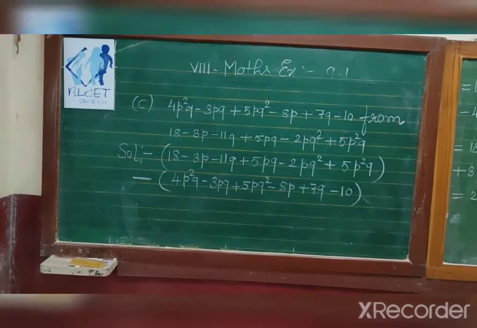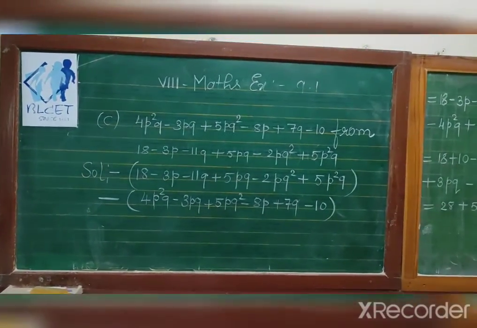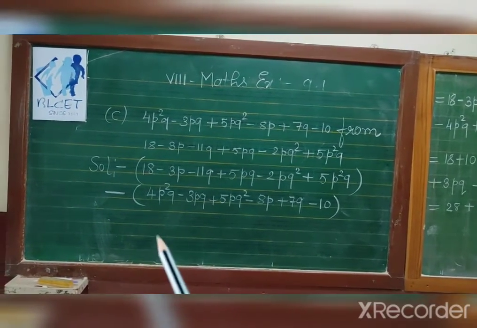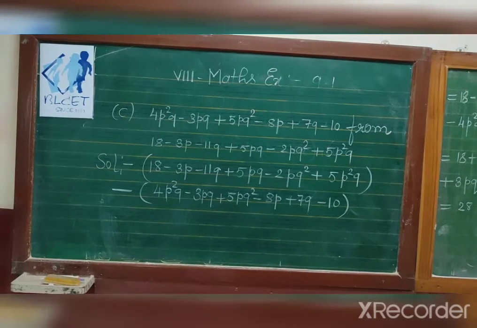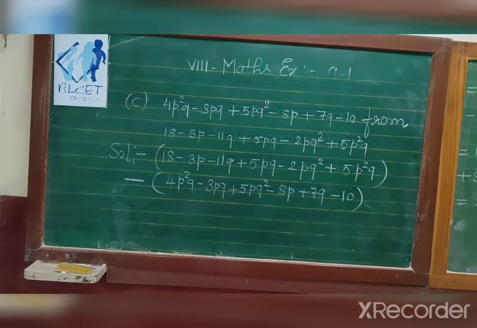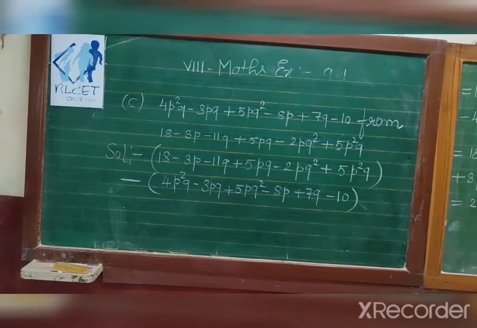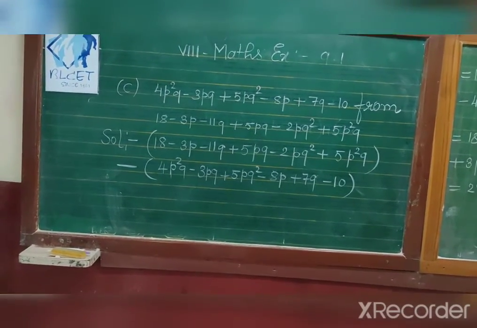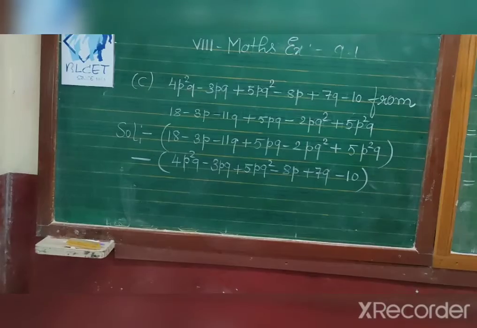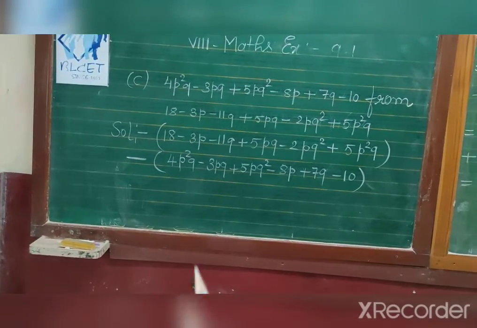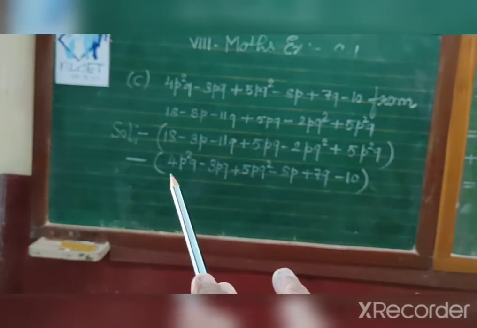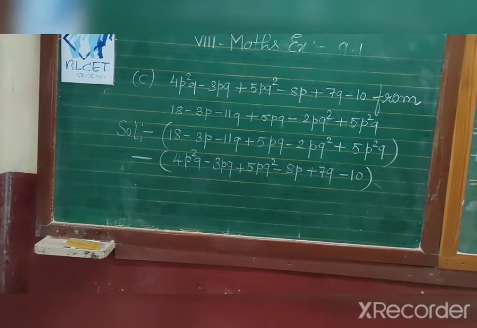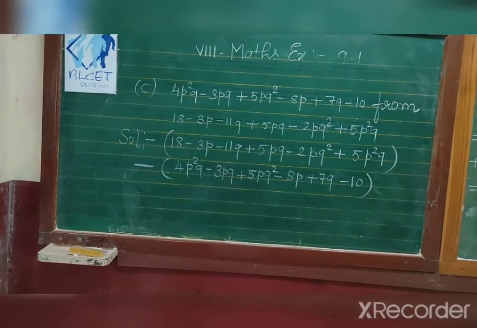Now when we open the bracket, what will happen? Positive terms will take a negative sign and negative terms will take a positive sign, the opposite. In addition we write simply, but in subtraction, for 4p square q, no sign is there, that means it is a positive term, so before it we put a negative sign.